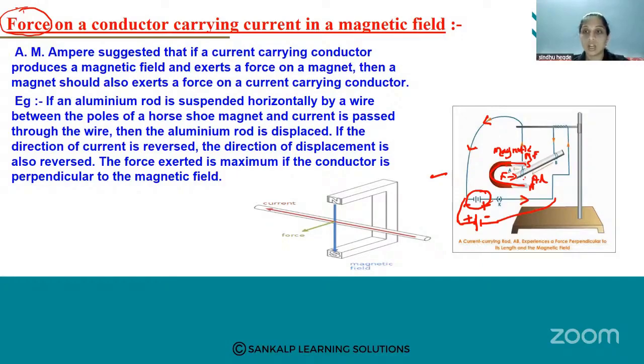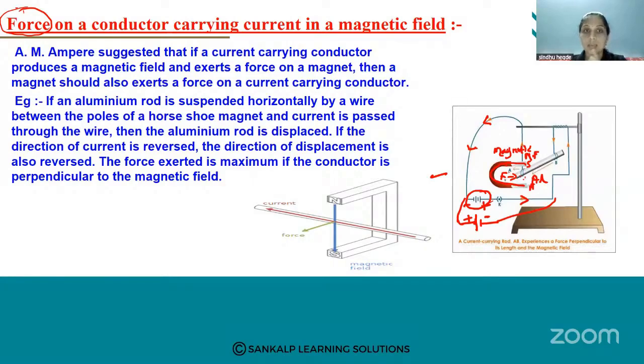Why does this displacement take place in this aluminum rod? Because when current flows through this aluminum rod, a field is generated here. Field generated is nothing but this conductor having some magnetic property, and again one extra magnet is placed here. So both magnets exert some force on each other.